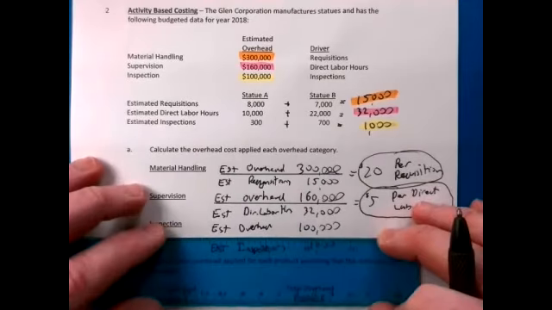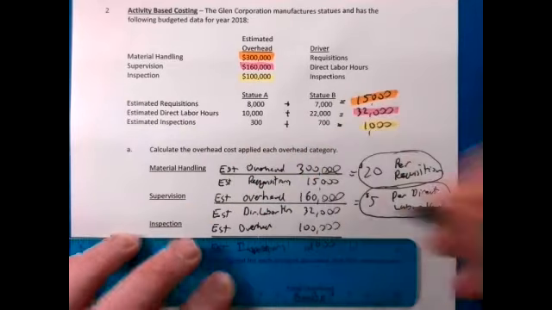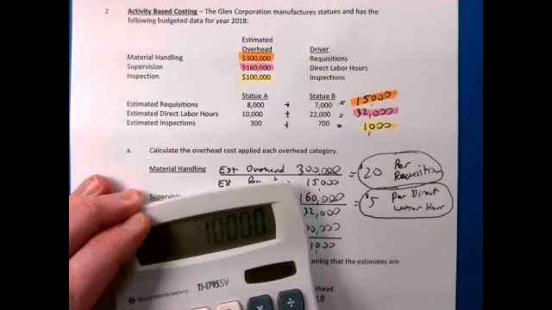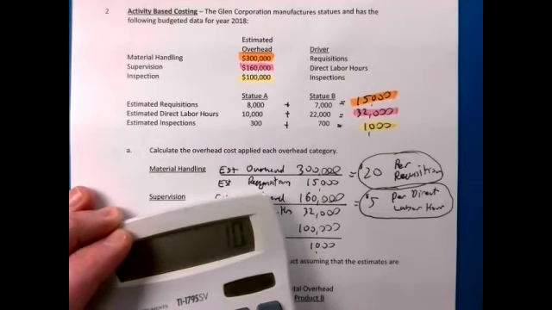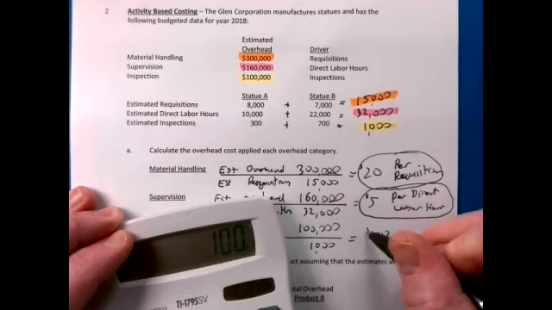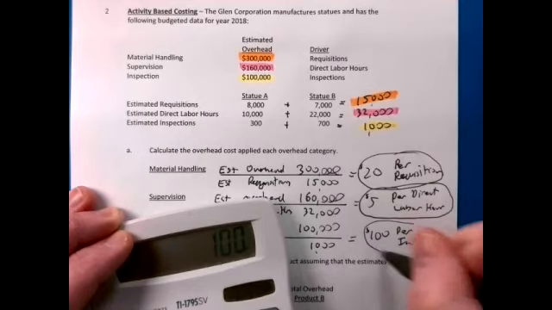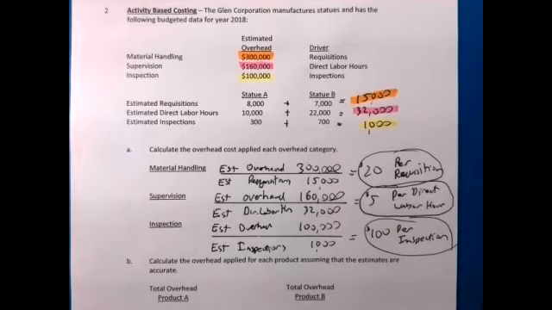It was $100. 100,000 divided by 1,000 equals 100.